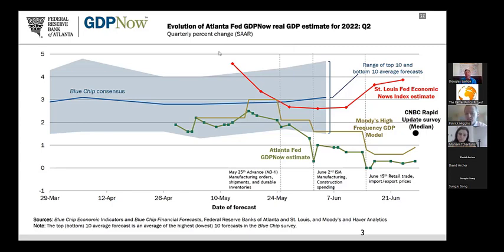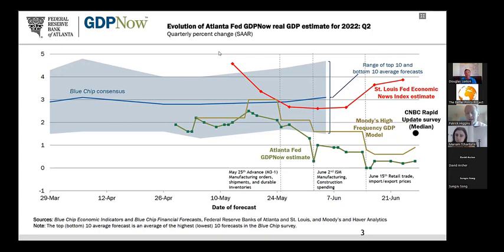In this slide, I put some of the data releases where there have been big movements in the nowcast. You can see where that last vertical bar is, the retail sales release, the GDPNow forecast went down. Moody's has their own high frequency GDP forecasting model that's pretty similar to GDPNow, and their model went down as well.